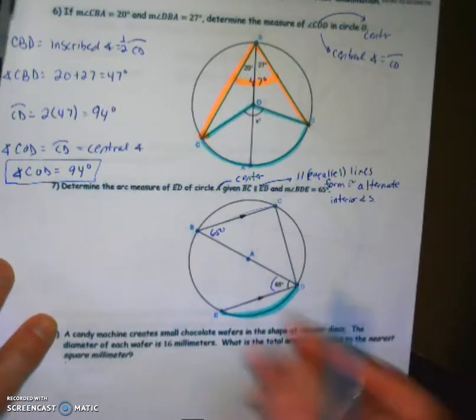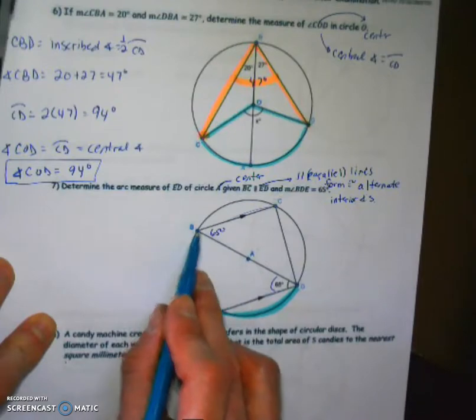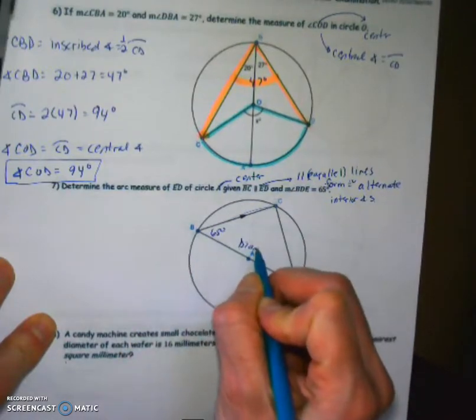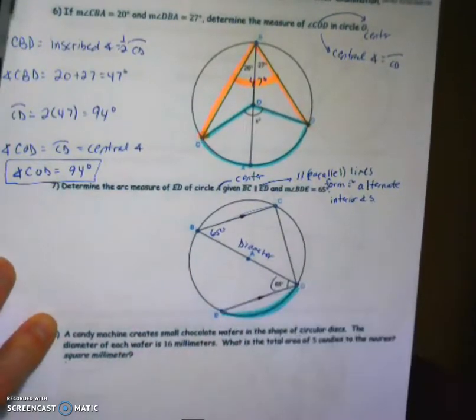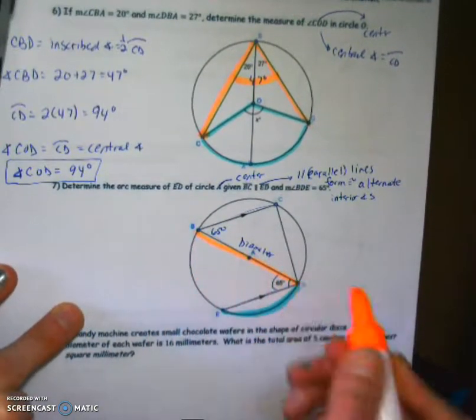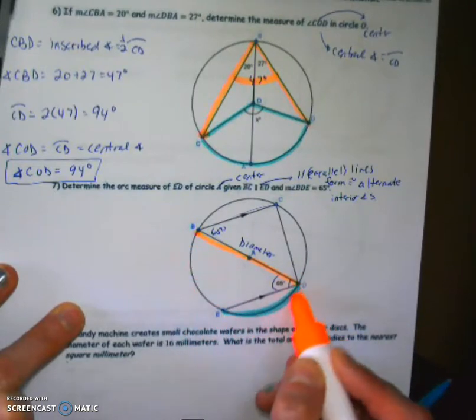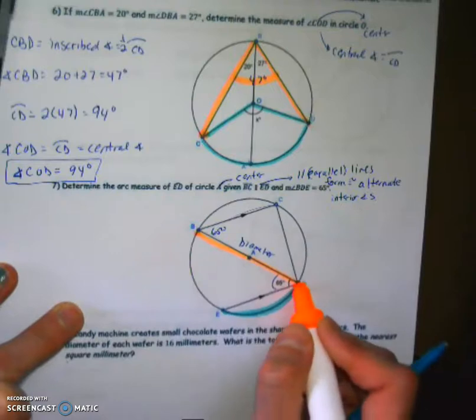Okay, so we have a lot of things going on here. So we know alternate interior angles are congruent. We also know that line segment BD is a diameter. And diameters divide the circle into two semicircles, 180 degrees each, which means the measure from B all the way around to D is 180 degrees. Well, guess what?